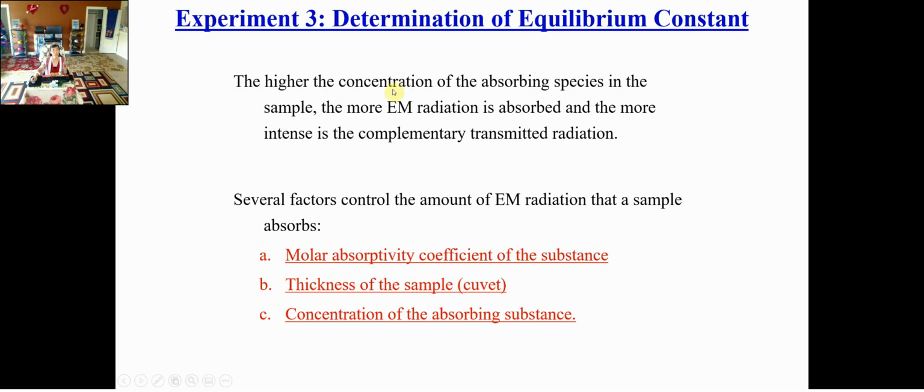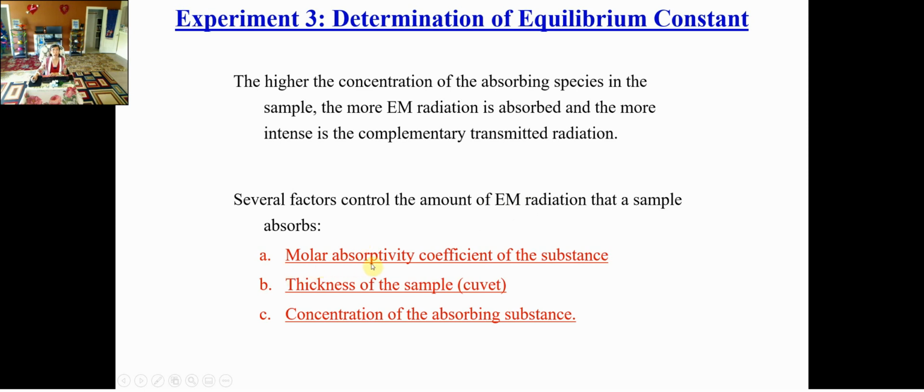The higher the concentration of the absorbing species in your sample, the more electromagnetic radiation will be absorbed, and the lower the intensity of the transmitted radiation. Several factors control the amount of electromagnetic radiation absorbed by the sample.